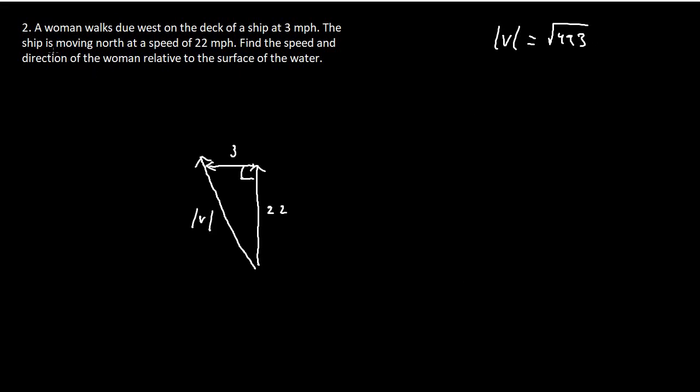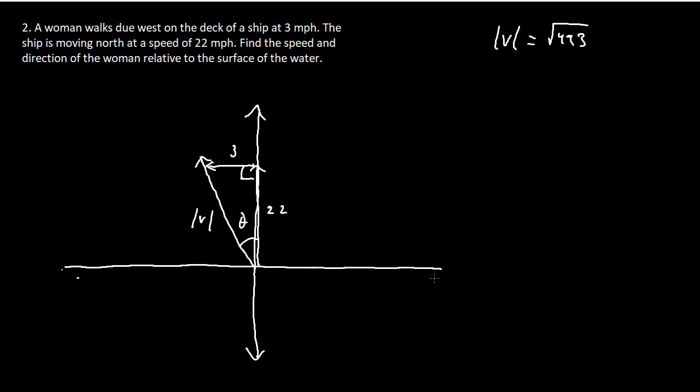So now, in order to find the direction the woman is going relative to the surface of the water, we basically have to find this angle theta. And so if I were to draw this on a coordinate plane and label it like a compass, let's say we have north, east, south, and west. Now let's go ahead and find this theta value in terms of degrees.